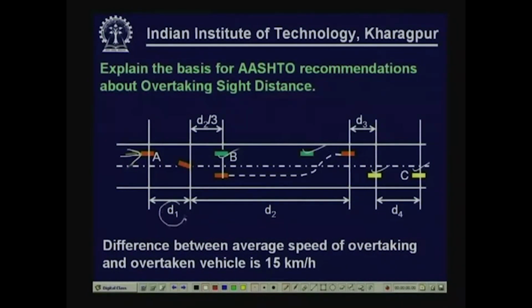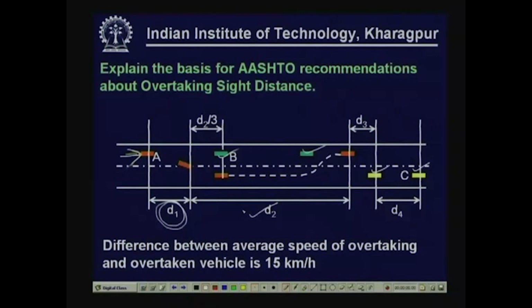D1 is the distance travelled by the overtaking vehicle during the initial perception reaction and acceleration up to the encroachment of the opposing lane. So, you can see the vehicle position here, it is just trying to encroach the opposing lane. This distance is D1.